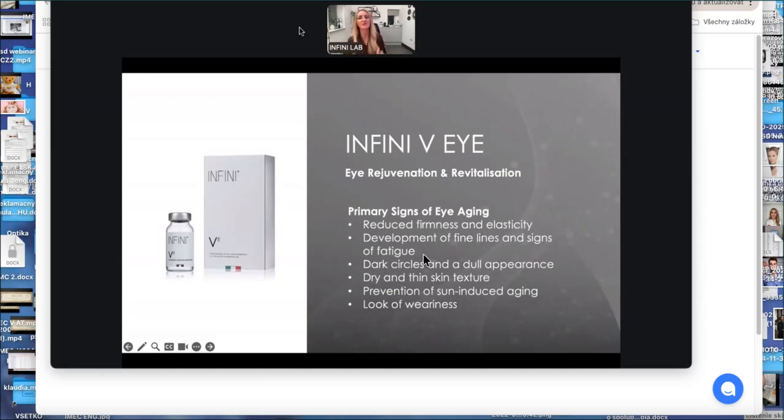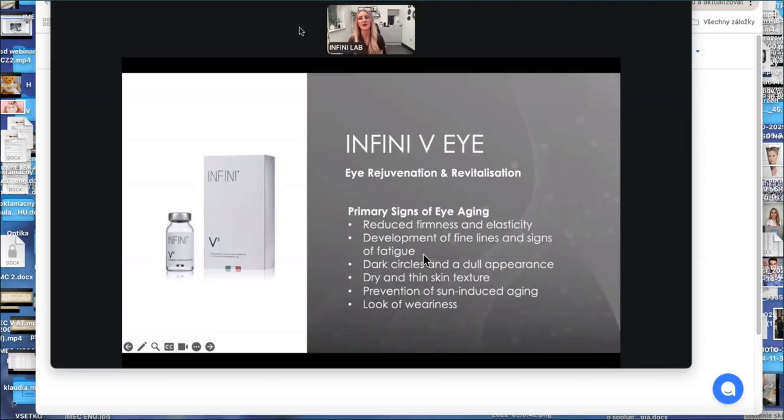The second treatment I will do with Infini VI, so I will create more fibroblasts and collagen type 3. Then I will follow with another treatment of Infini Eye Booster, because I will again stimulate collagen type 1, not only from existing fibroblasts but also from the new ones which I created with Infini VI.